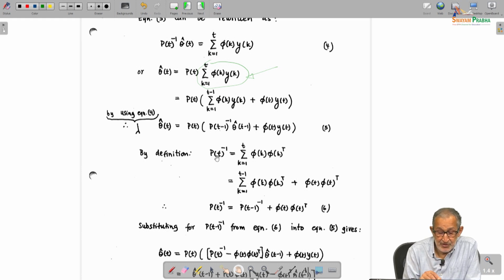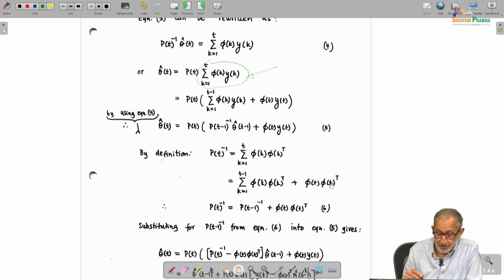Because by definition P_t inverse is this term, we can write it in this form. So look at this expression, P_{t-1} inverse is this, which is P_t inverse minus phi phi transpose.